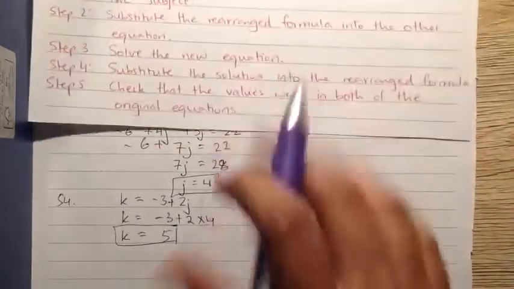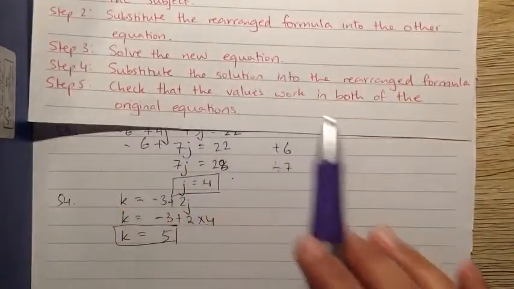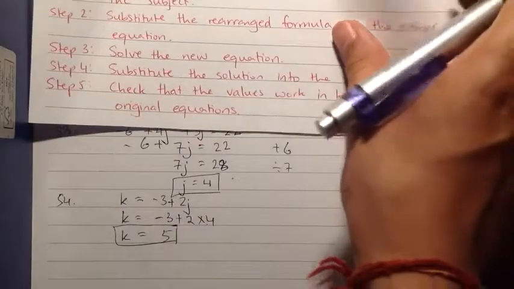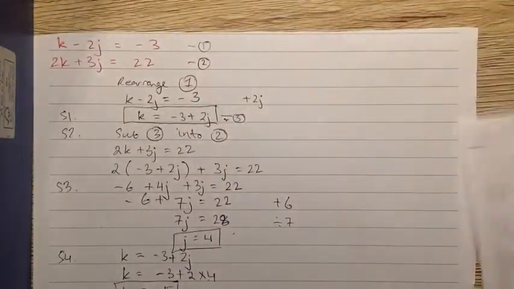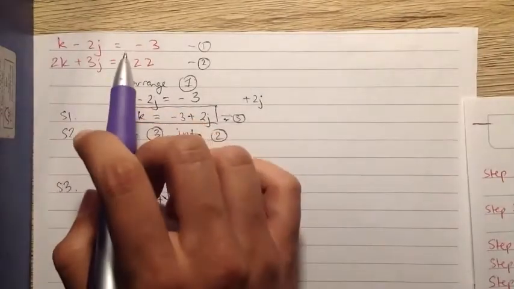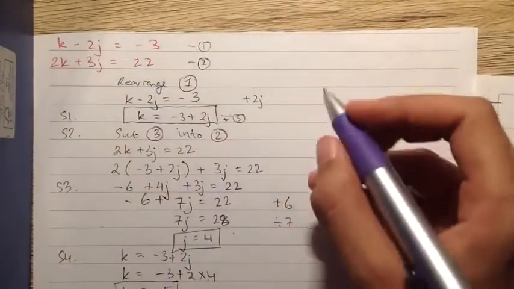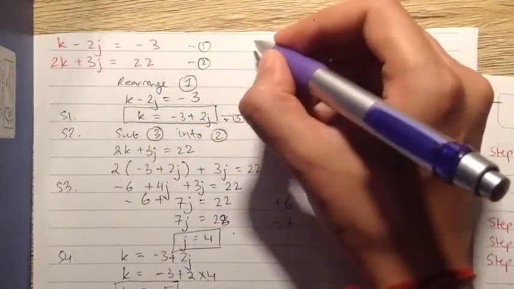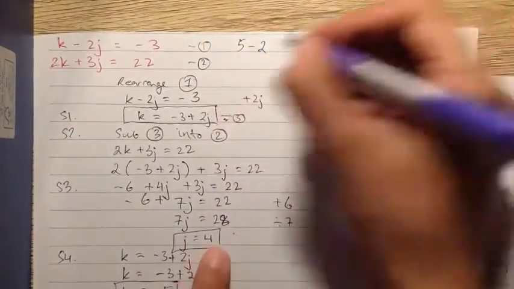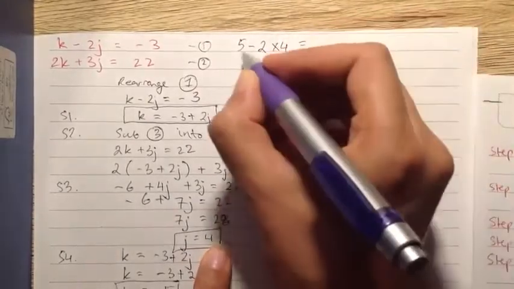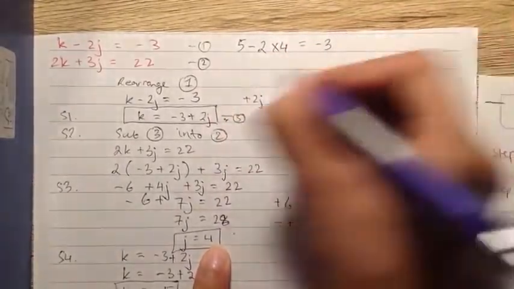Now the last step is to check that the values work in both of the original equations. So our original equations are k minus 2j should give us negative 3. Do our values do that? So our k is 5 minus 2 times j is 4. 5 minus 8 is negative 3.